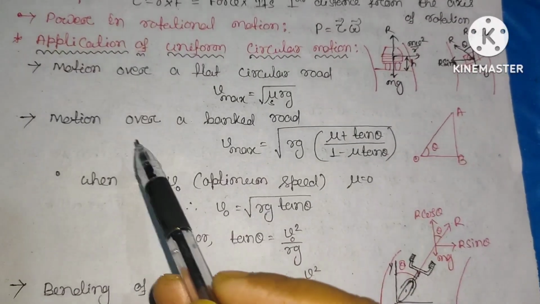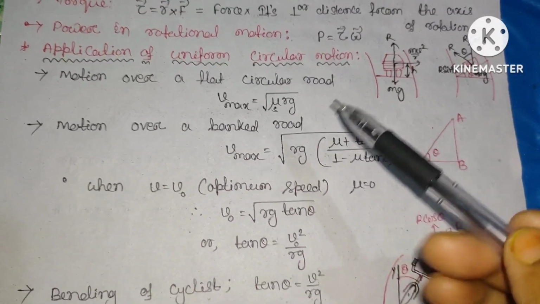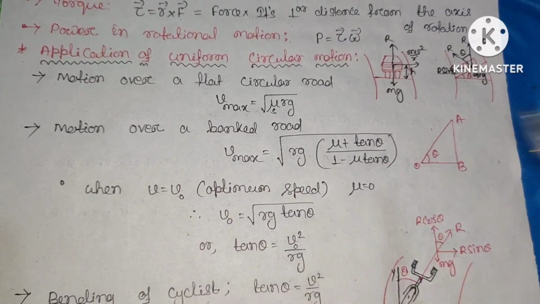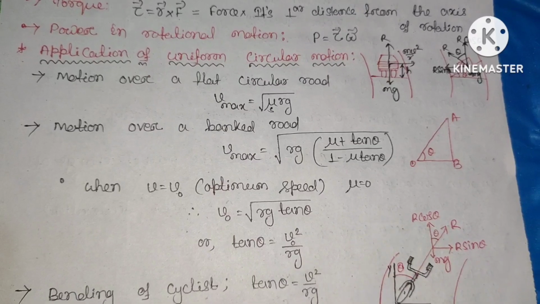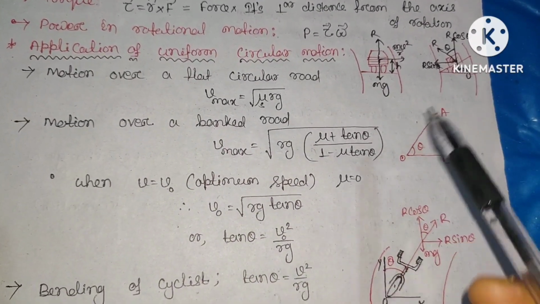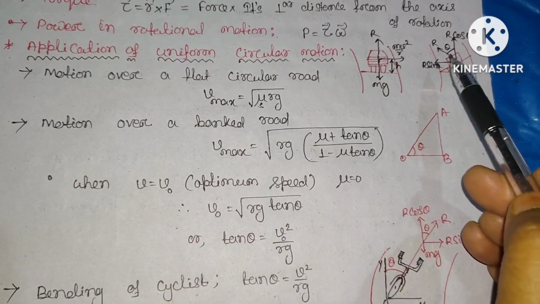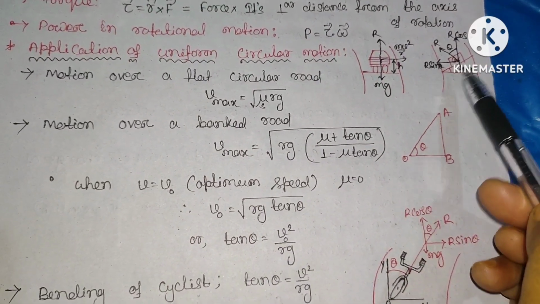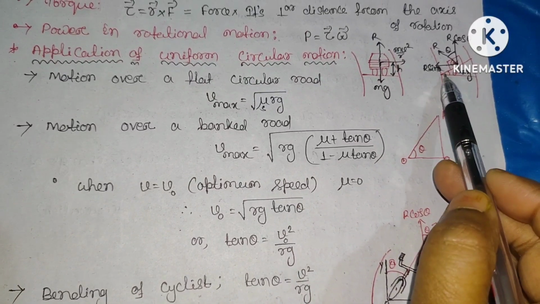In case of motion over a banked road, I am not deriving all these formulas here. I am just writing the formulas to solve some questions. Okay. The motion over a banked road. In case of the banked road, the car is here, making some angle theta from this line.